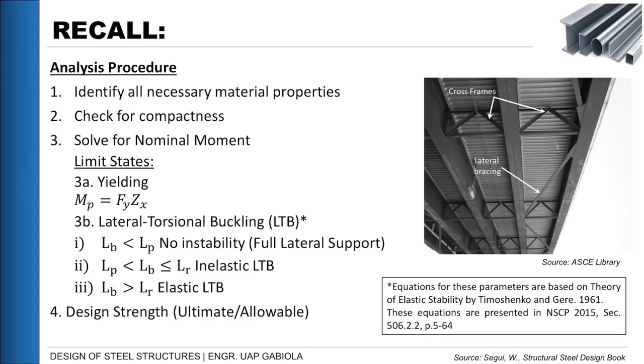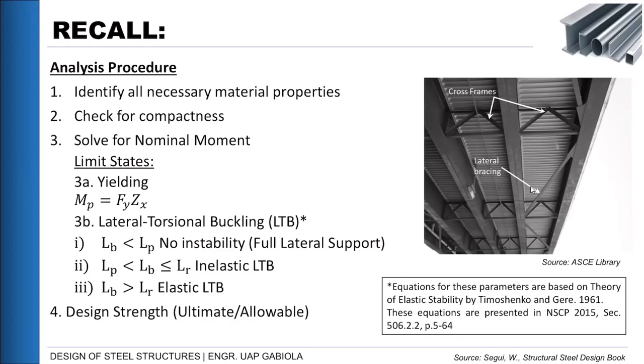bracing, to reduce the twisting effect, no? Because our member can twist. And then here in lateral buckling, the lateral bracing is usually placed at the flanges of our section.